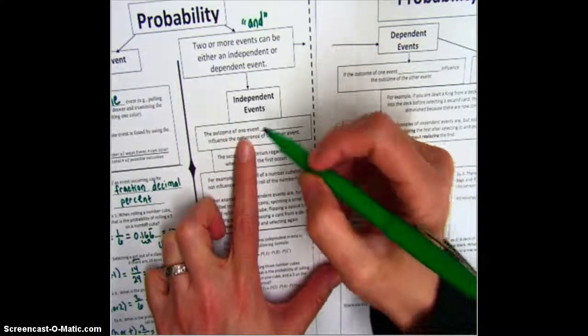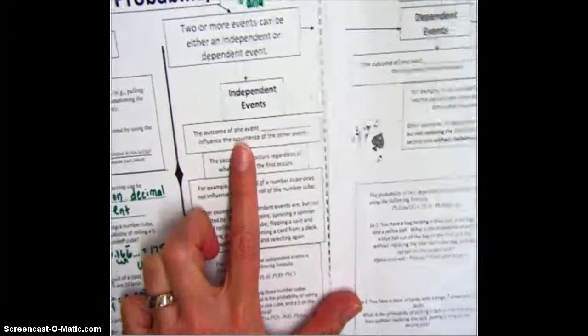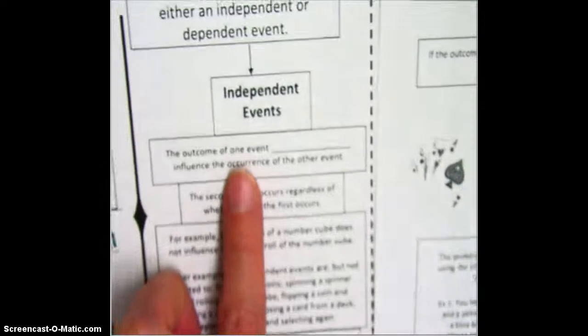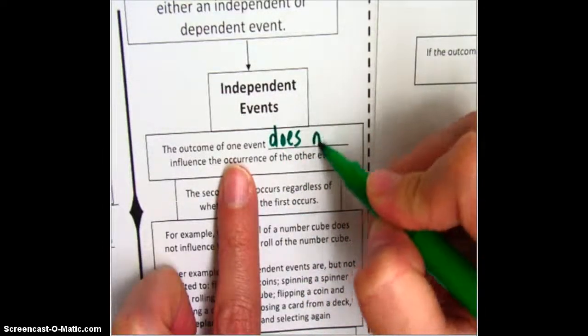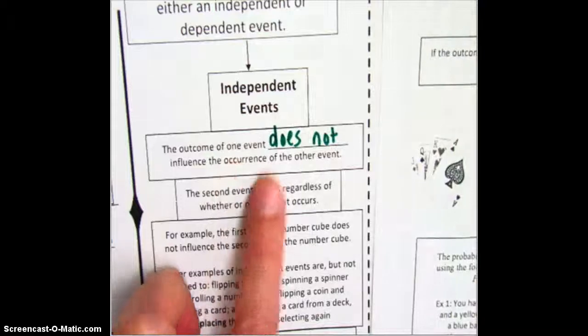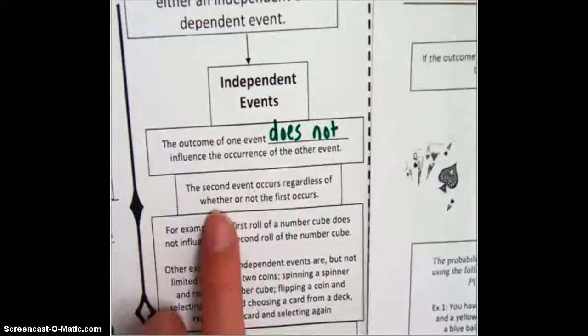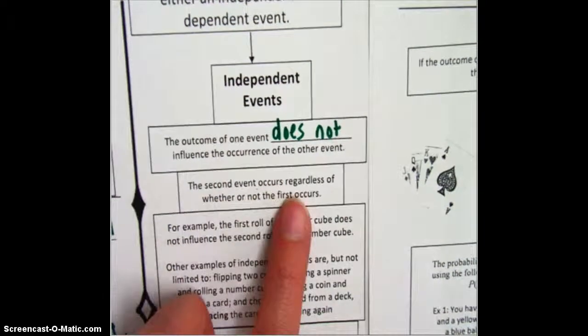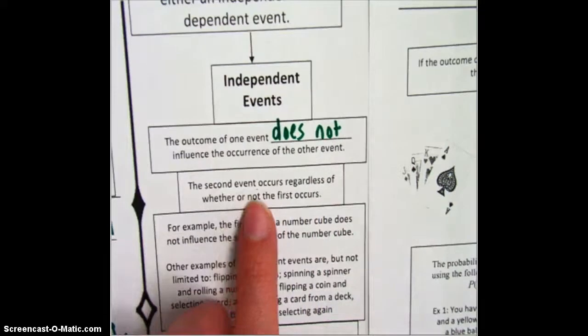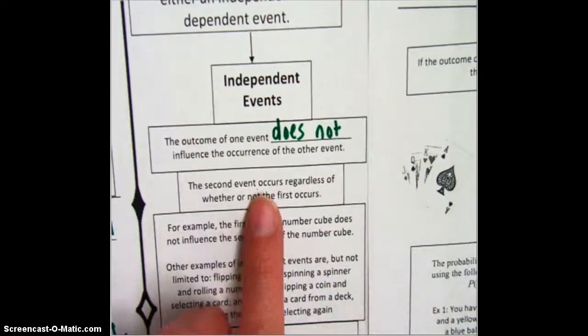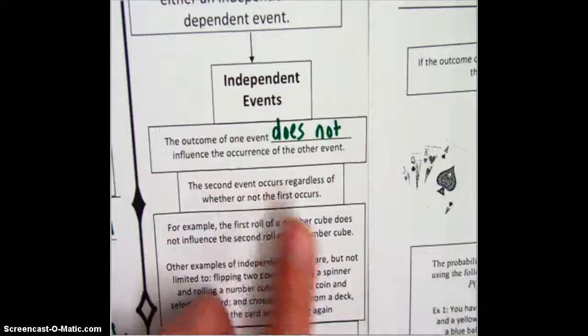So the outcome of one event does not influence the occurrence of the other event. The second event occurs regardless of whether or not the first occurs. So your parents are going to move whether or not you move when you're an independent person.